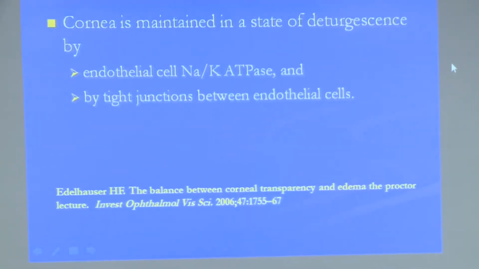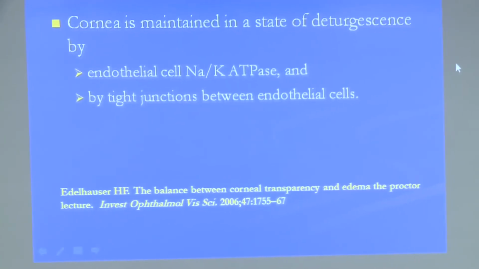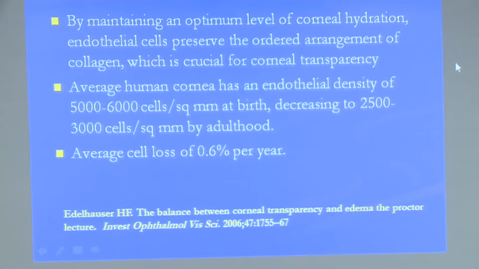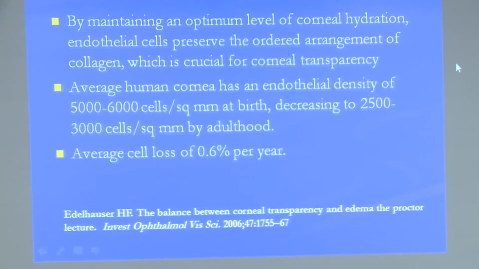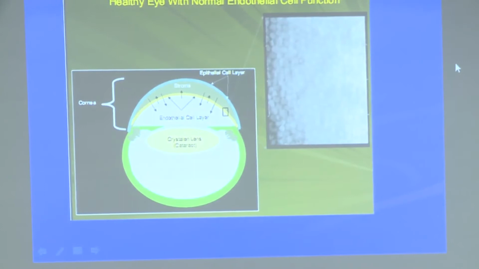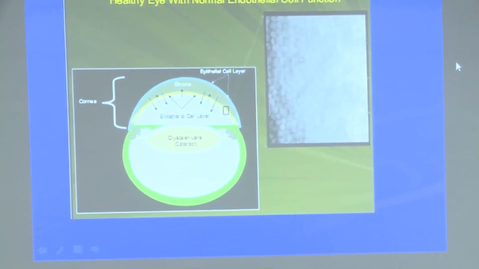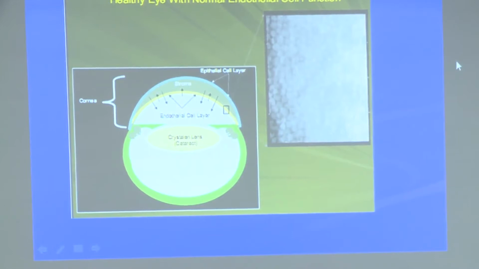The cornea is maintained in a state of deturgescence by endothelial cells, sodium potassium ATPase, and by tight junctions between endothelial cells. The average human endothelial cell density decreases with age, with an average cell loss of 0.6% per year. A normal healthy cornea needs a good endothelial count to get an orderly arrangement of collagen fibers so that it remains transparent.